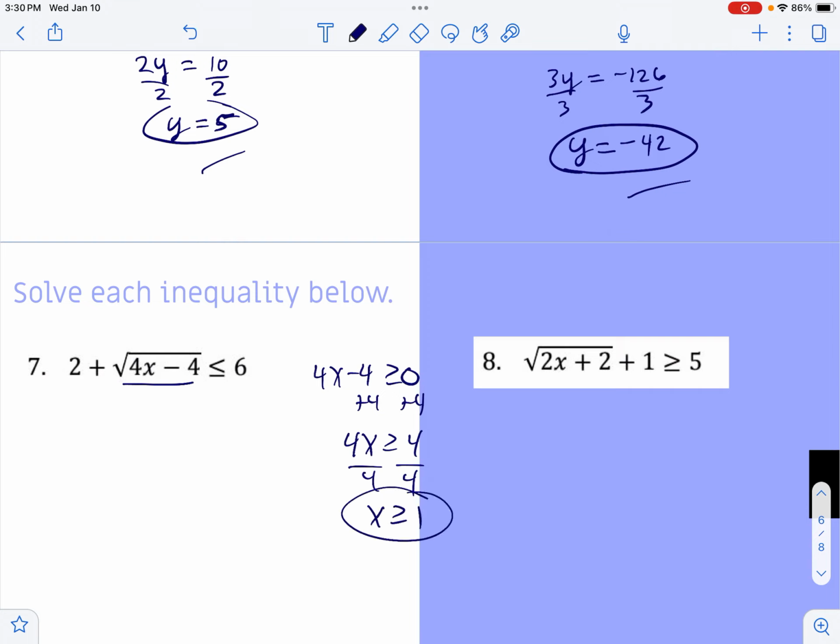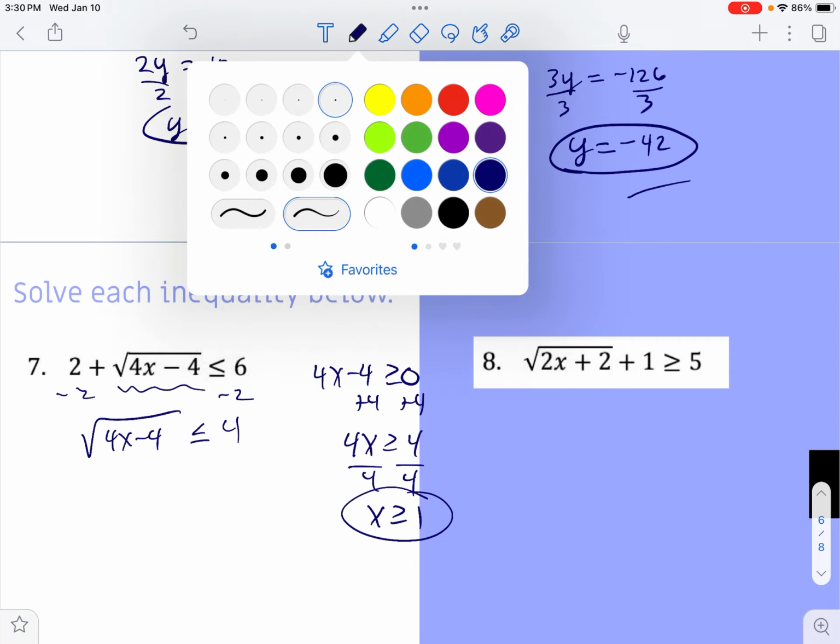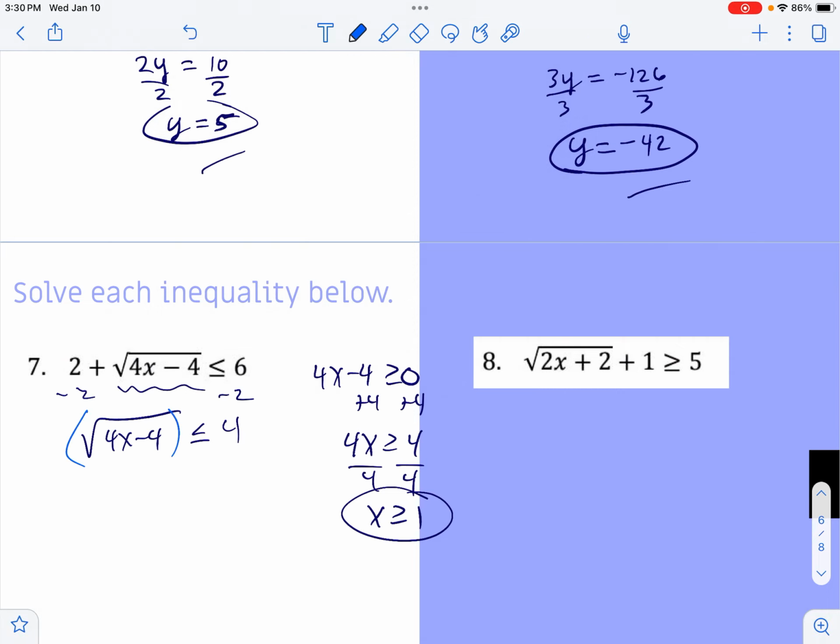Now that's not technically my answer. That's just maybe could affect my answer. My answer is going to be when I solve this inequality right here. Same thing, isolate the radical, that square root, so I'm going to subtract 2 and get the square root of 4x minus 4 is less than or equal to 4. Now I'm going to square both sides to get rid of that square root.